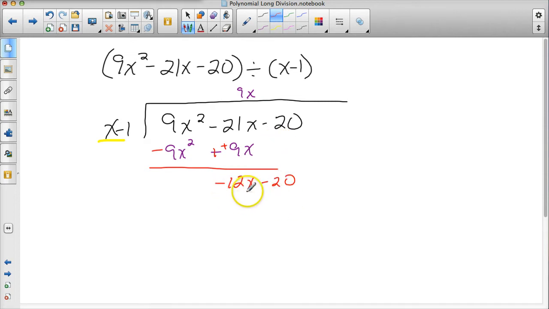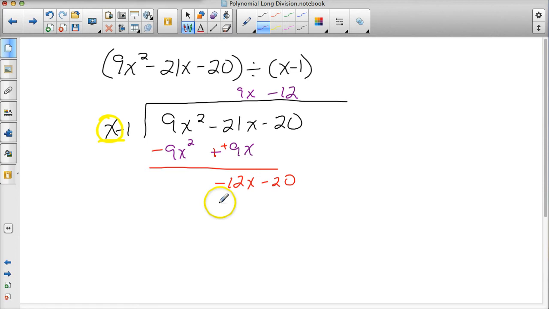So now we have negative 12x minus 20, and we're going to divide x minus 1 into that. So we go back and we say, what do we multiply x times to get negative 12x? We multiply by negative 12. So we write the term negative 12 in our quotient, and we multiply negative 12 times our divisor.